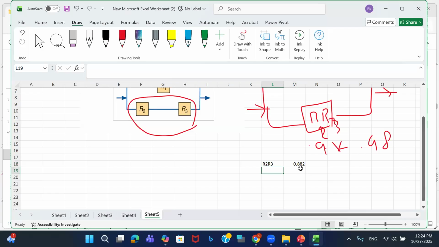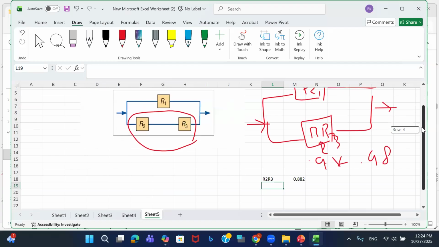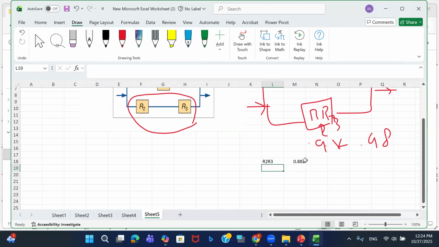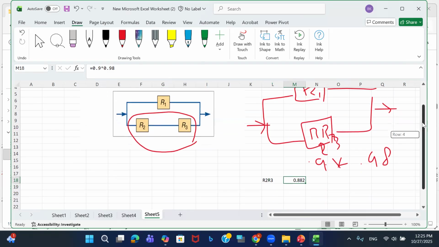Okay, so let me check. Yeah, 0.9 times 0.98, which is 0.882. Okay, now this is R1, which is 0.95.